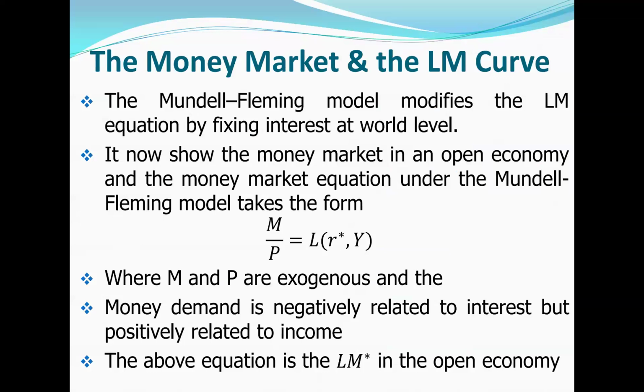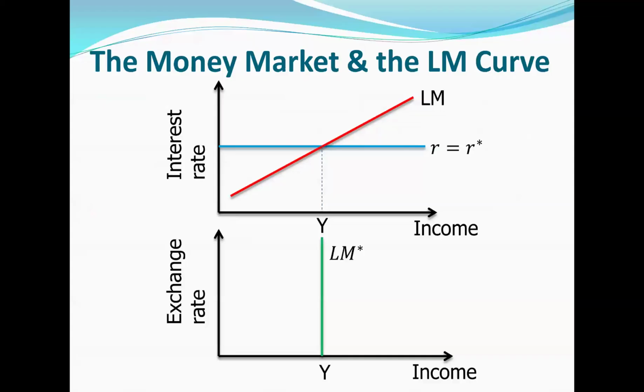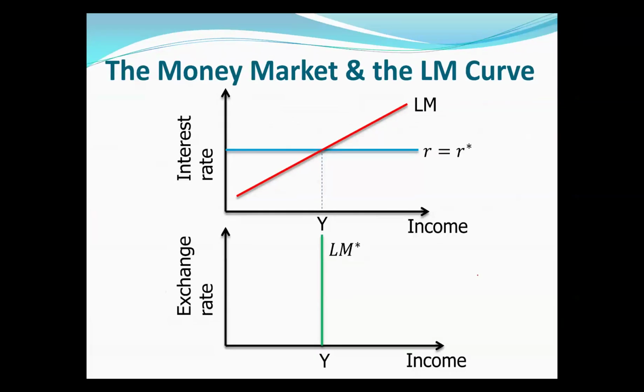Now, in the open economy, the Mundell-Fleming model takes that form, and the money and the price are exogenous in this case, even in the open economy. If your money is exogenous, then this is what you're going to have.